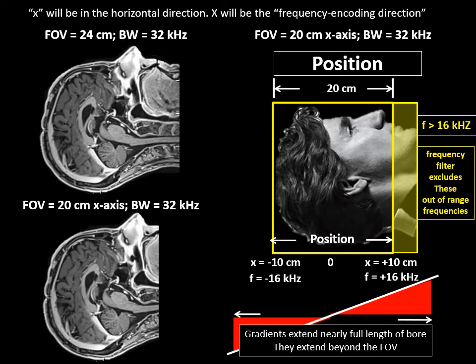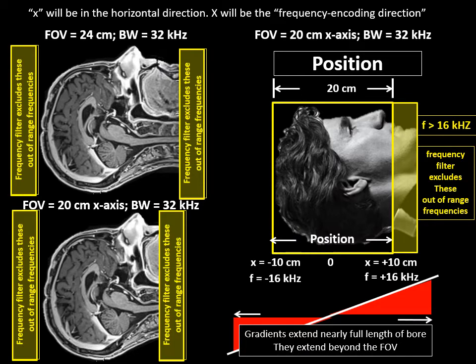Let's take a second look at the same example. We have a field of view of 24 centimeters on the top and 20 centimeters on the bottom and on the right. And we have shown that the frequency filter will exclude all the unwanted frequencies that exceed 16 kilohertz above the top of the head or below the inferior end of the margin of the head at the chin end of the head.